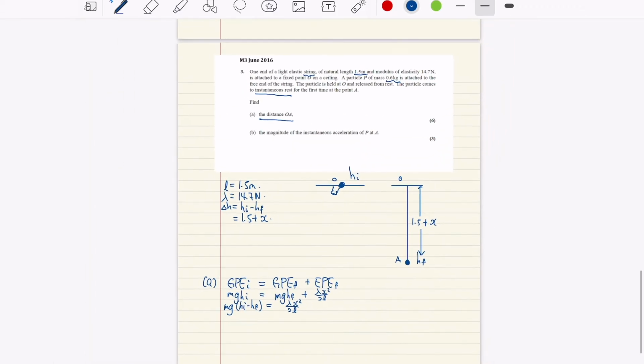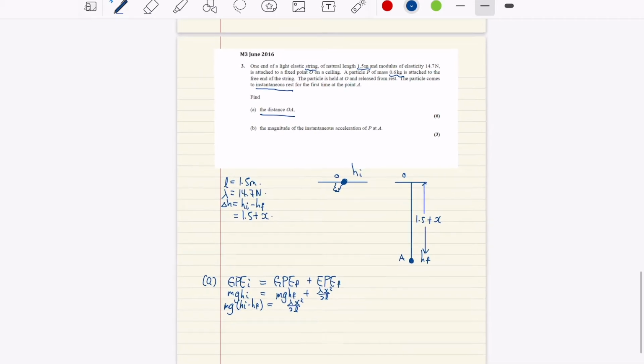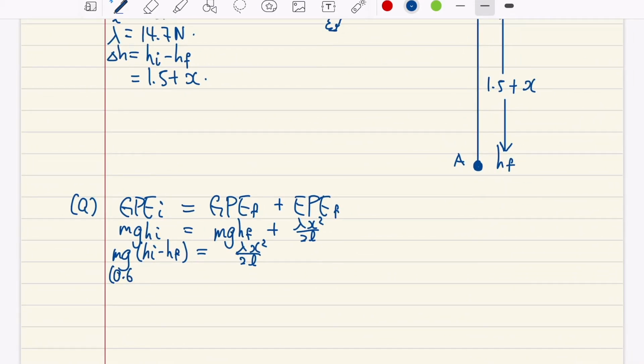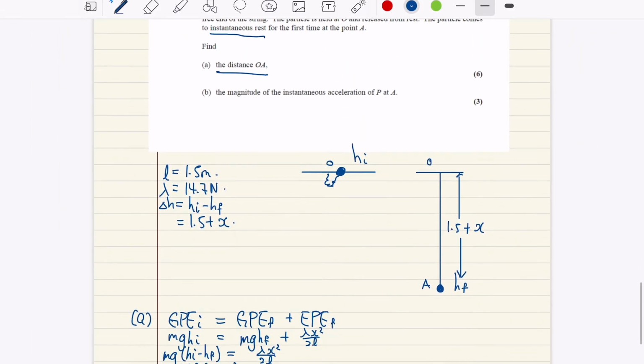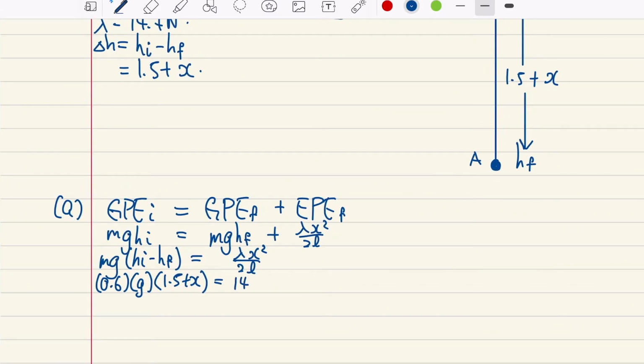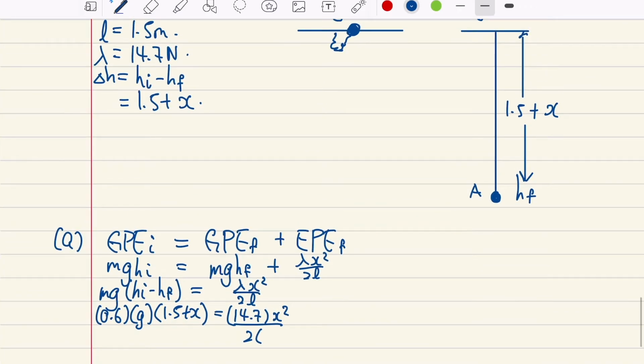Since we know the mass is 0.6, 0.6 times g times (1.5 plus x) equals lambda x squared over 2l. What is lambda? 14.7 times x squared over 2 times the original length, 1.5.